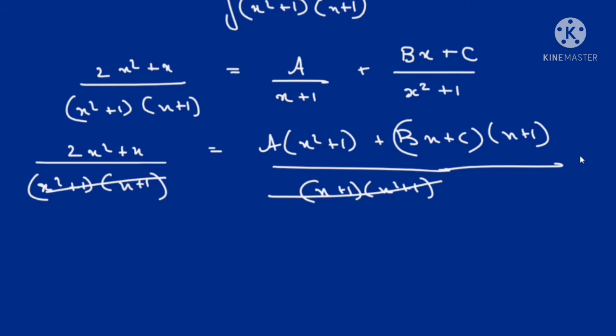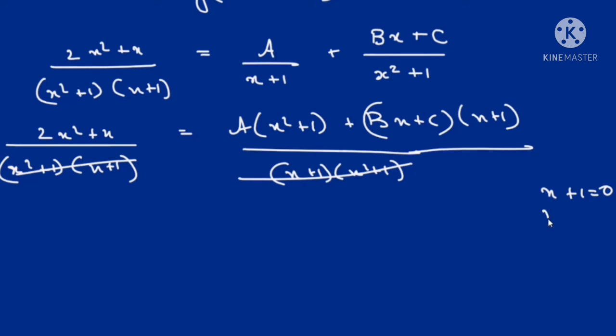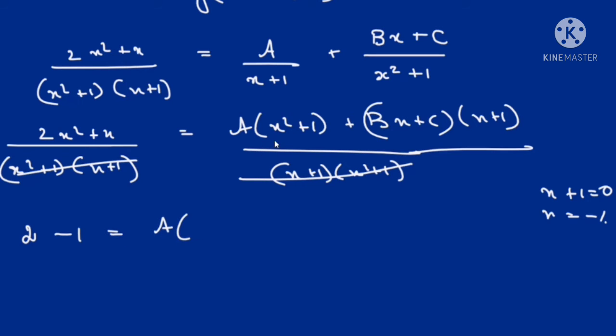Put x as minus 1, put x plus 1 as 0. If you put x as minus 1, you get one of these constants. This will become 0. So this will become minus 1 the whole square, 1 plus 1, 2. So 2, x is minus 1. So a is equal to 1 by 2.